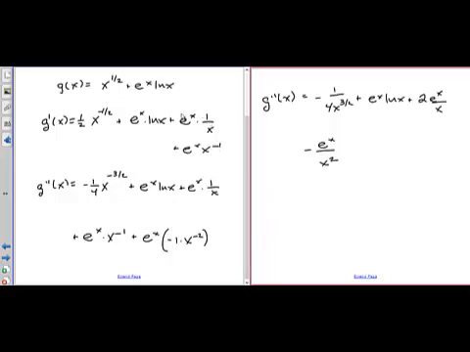What they did is when they took the derivative of this, they used the quotient rule instead of rewriting it as a product. But what you'd end up with is this term and this term combined with the common denominator of x squared. But otherwise, it's correct.